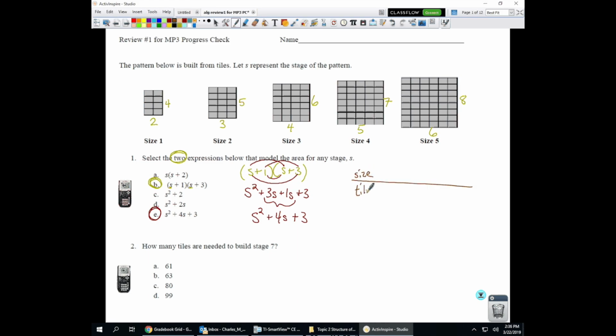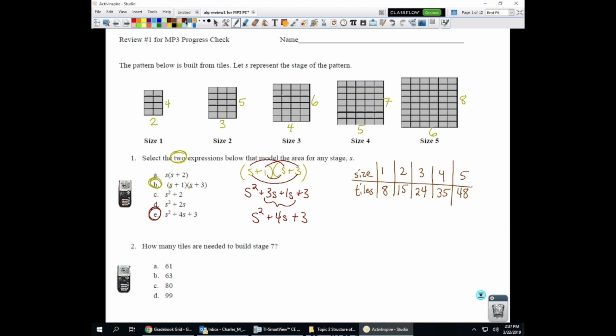The number of tiles would be the dependent variable. So we have size 1, 2, 3, 4, and 5. So the total count, 2 by 4 would give me 8 tiles. In the size 2, 3 times 5 is 15. Size 3, I have 24, 35. And size 5 is a 6 by 8, so that's 48 tiles.